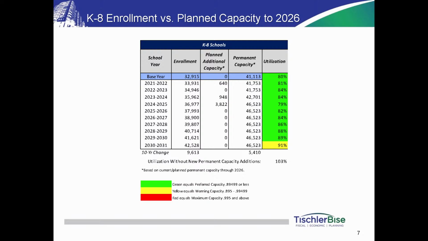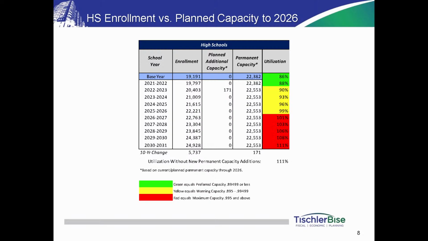When we add those planned permanent seats, as we go from the base year through school year 29-2030, we're still within that green with the additional permanent capacity. However, at the end of that 10-year period, we do go into that yellow warning area where capacity exceeds 89.5%, so we'll be right back to where we started, where we need to start building capacity again.